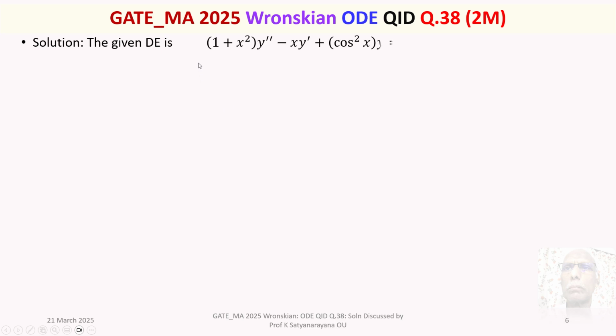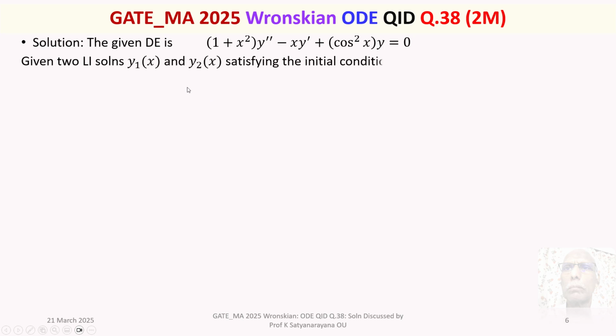We are given the differential equation (1 plus x square) y double prime minus x y prime plus cos square x into y equals 0. We are given two linearly independent solutions, y1 of x and y2 of x, satisfying the initial conditions y1 at 0 is 3, y1 prime at 0 is minus 1, y2 at 0 is minus 5, y2 prime at 0 is 2.